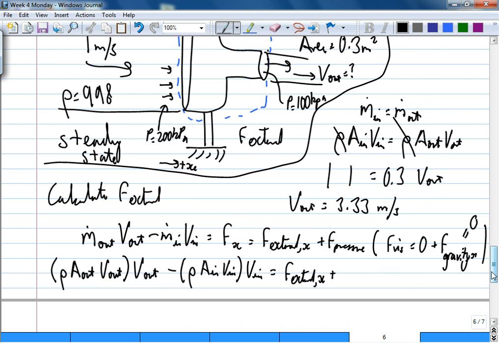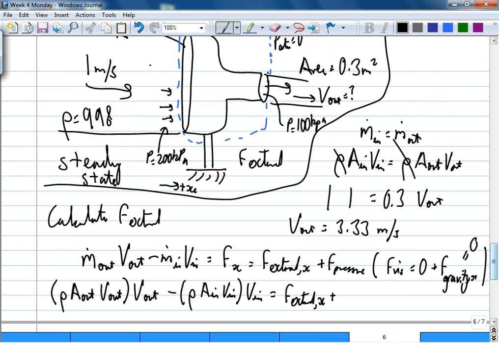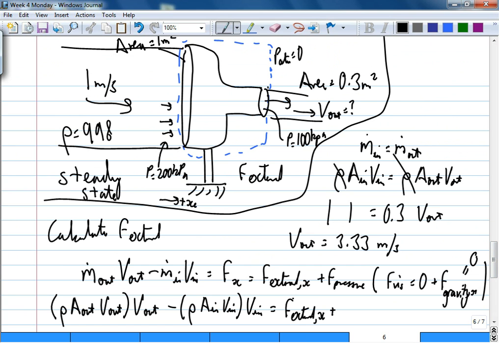Now, in this case, all these forces that we are looking at on the right hand side are not forces of the control volume acting out, but forces of the outside acting on the control volume. So all of this right hand side is forces acting on the control volume. Is that okay?